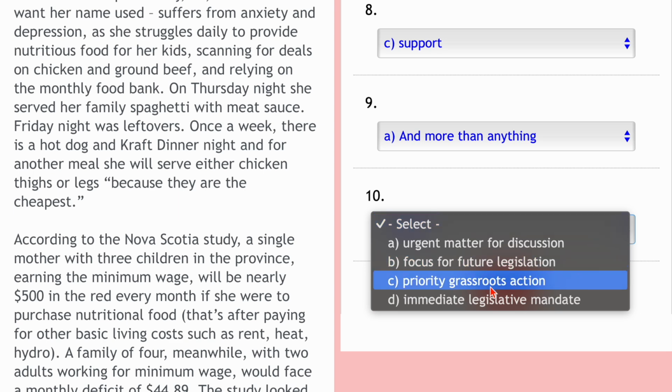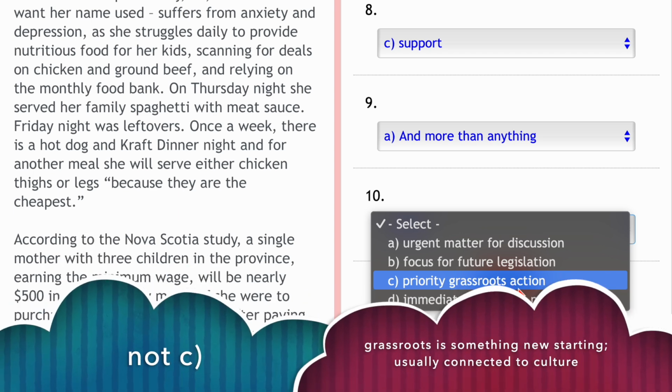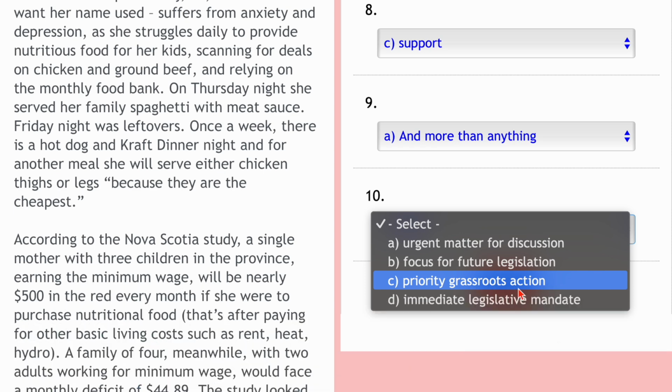So, not C, right? This is not a grassroots issue. Grassroots is something that's cultural, something new, something about your history. So it doesn't sound like food insecurity is about grassroots.